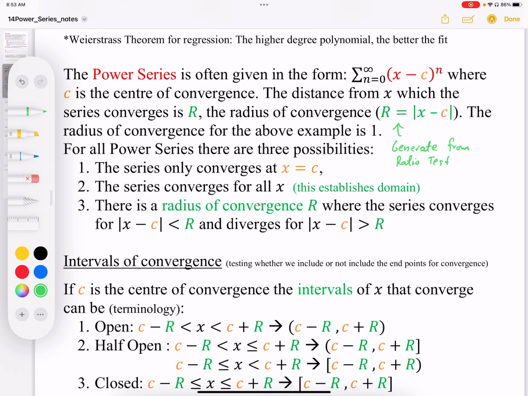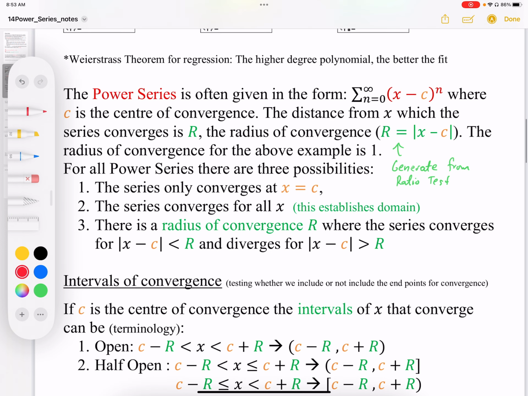And our ratio test for this particular example, the first one we've given here, the radius is 1. For this particular one, because this is generated from the ratio test, where a_n over b_n must be less than 1.